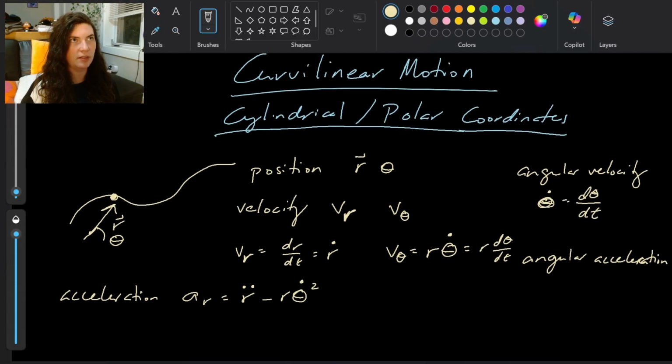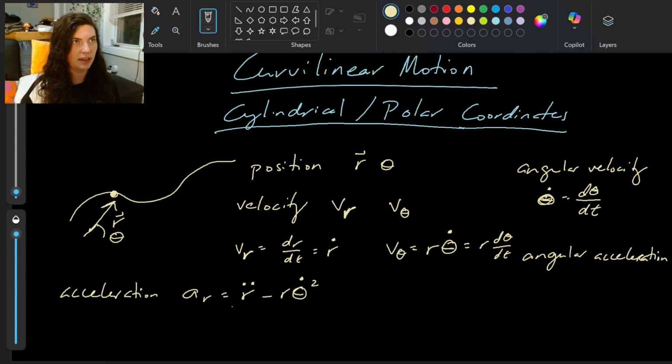That's why we have multiple components. We can also write this as d squared r over dt squared. That's the second derivative. Remember, the dot is just the derivative with respect to time. Minus r times theta dot, the angular velocity d theta dt, squared.